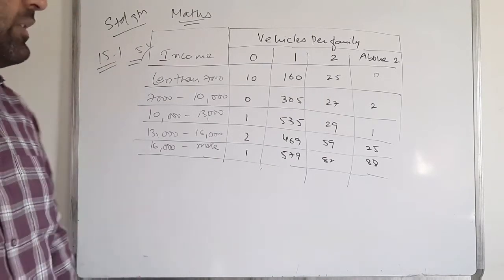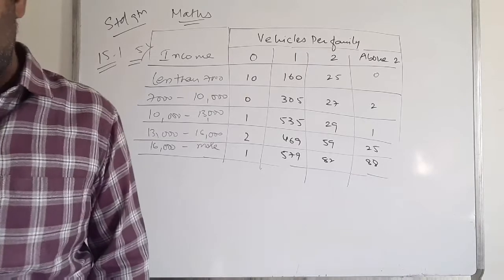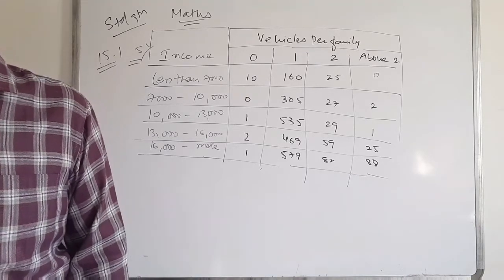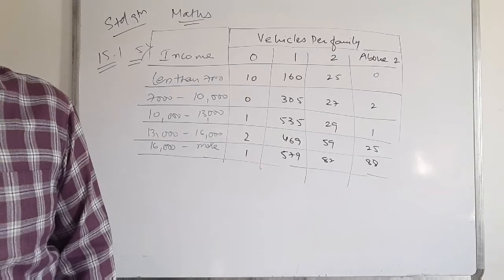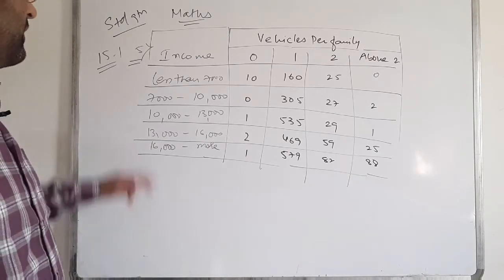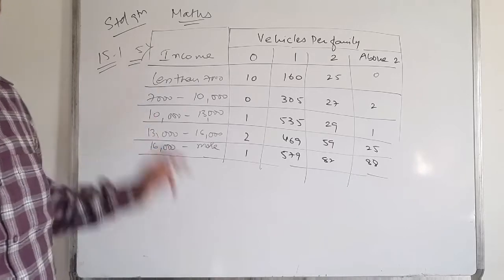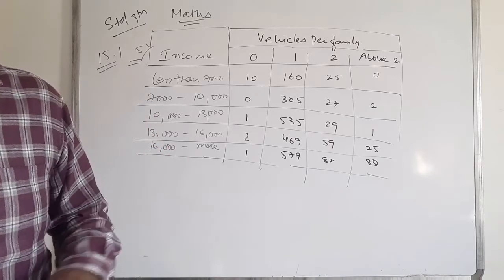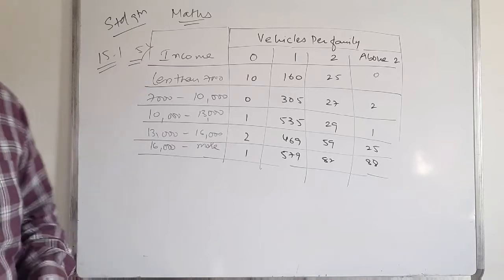First question: suppose a family is chosen, find the probability that the family is earning 10,000 to 13,000 and owning exactly 2 vehicles.